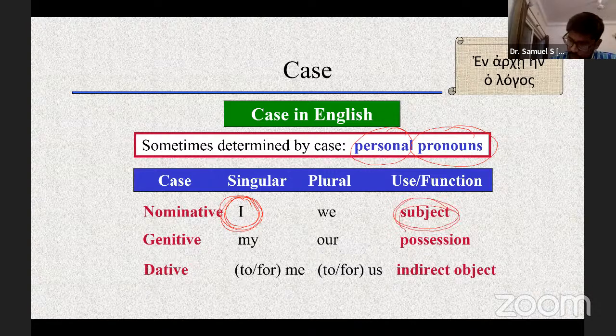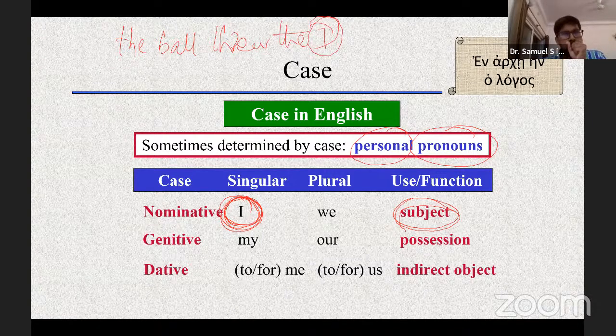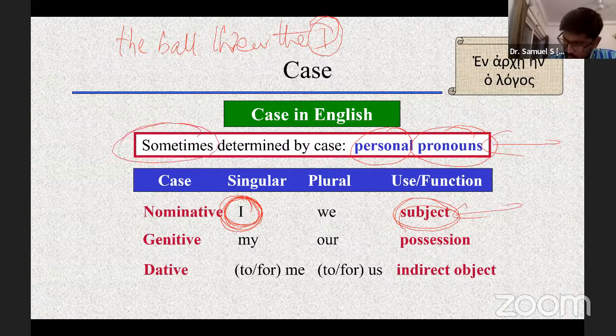You can never have this word I anywhere else in the sentence but at the beginning, right? You cannot say the ball threw the I. You can't do that, right? I, by definition, wherever it is in the sentence, that is the subject. So a personal pronoun sometimes defines the subject.